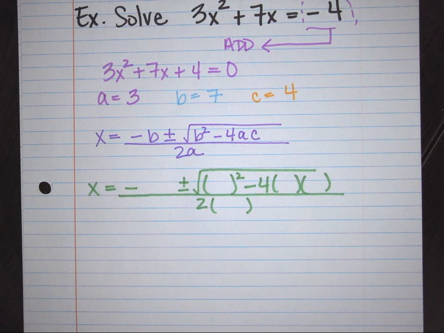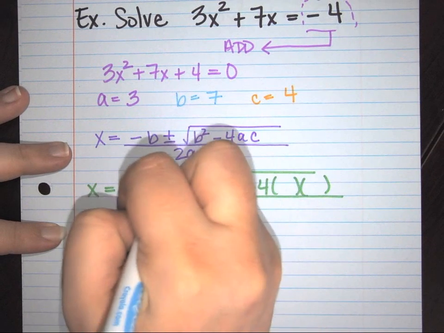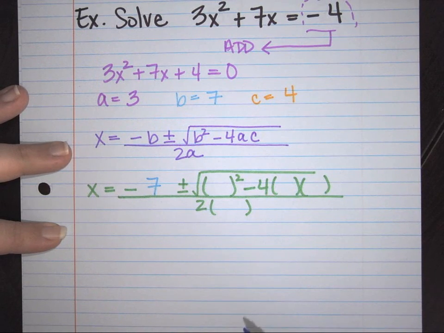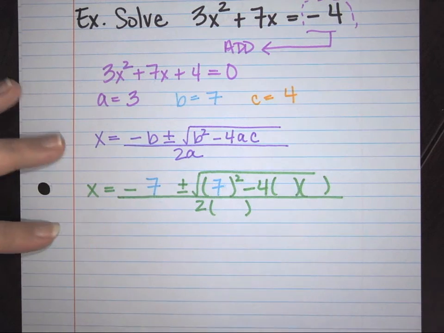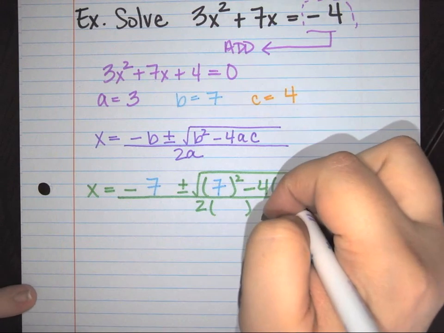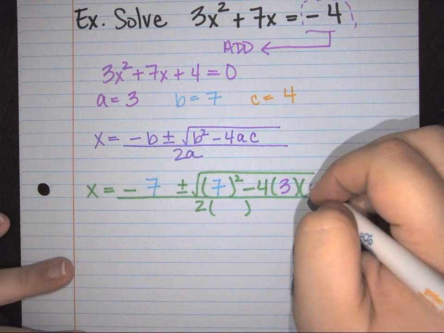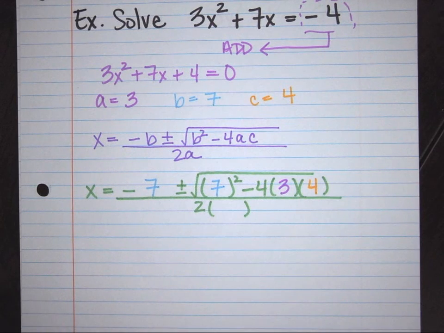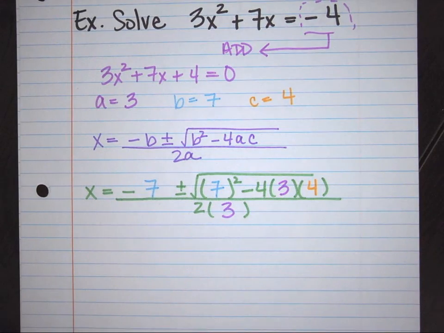So let's look at plugging in what we need to plug in. I have negative b. My b was 7, so this is a negative 7. Plus or minus, it's b squared, so 7 comes in here to be squared, minus 4 times a, so my a was 3, times c, my c was 4, all over 2 times a, so 2 times 3.